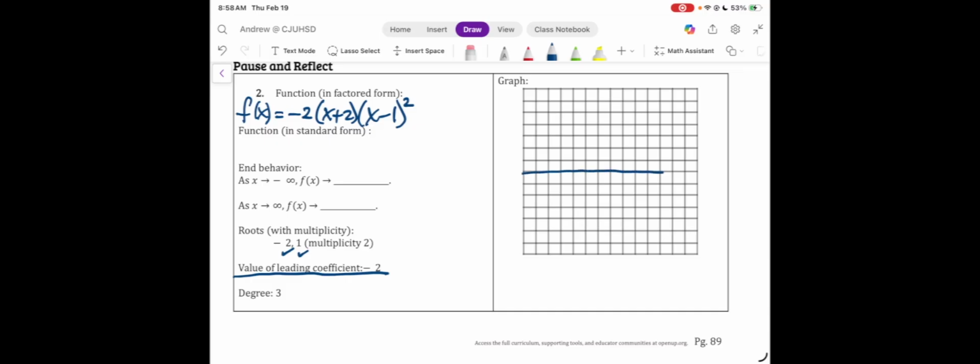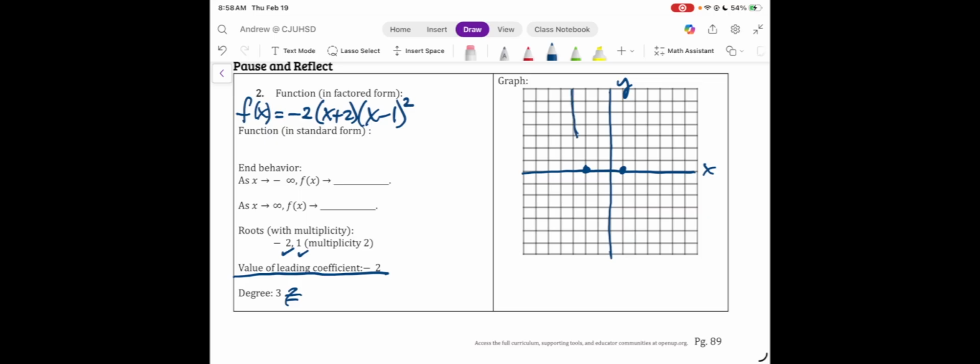So here's our x-axis. And here's the y. So this thing's going to go through negative 2, positive 1. It's the third degree. It says that here at the bottom. Third degree. And with a negative orientation, that means it's going to come from the top.